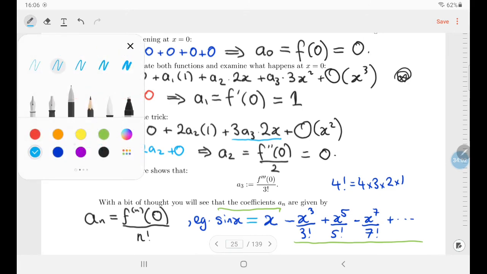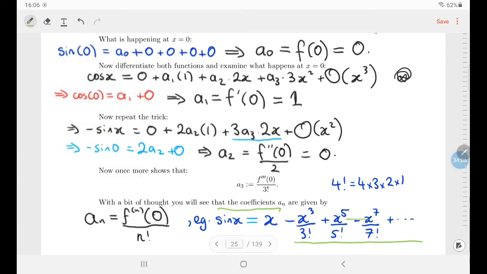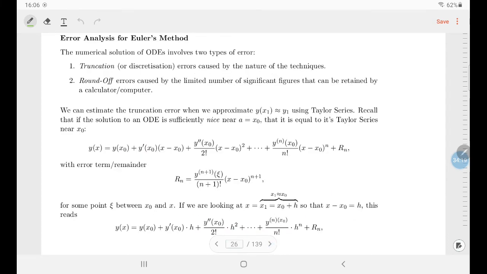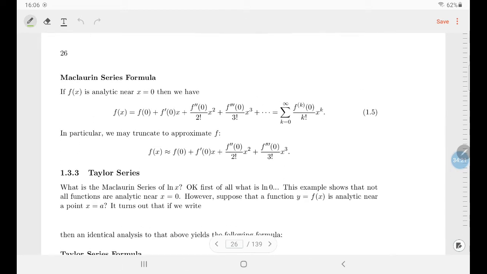What I'm trying to say here is that if x is small, these things are all quite small, and so sine of x equals x plus something small, so sine of x is approximately x. That's something that we would have spoken about with the pendulum. So you end up with this formula.